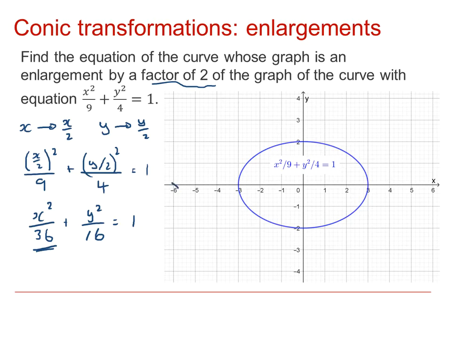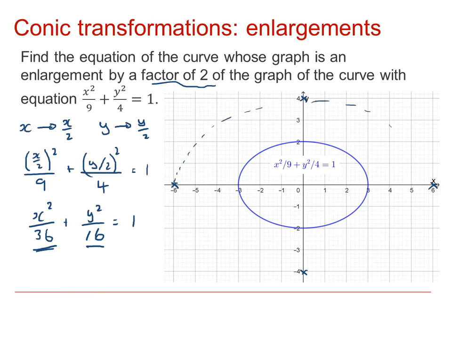So it's going to cross the x-axis at negative 6 and 6. And similarly, when x is equal to 0, then y squared is equal to 16, so it will cross the y-axis at 4 and negative 4. So indeed what we have then is an ellipse looking like this.